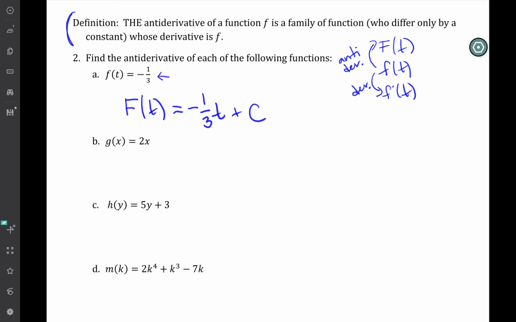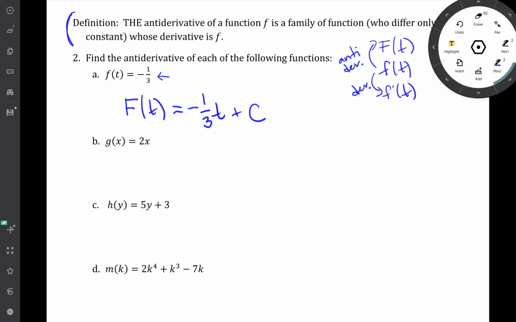And what's really important here is that this is going to involve some guess and check, and you shouldn't be discouraged by that. You should just start to think about what looks right, and the way that you always check yourself is by taking the derivative. So if I take big F prime, the derivative of negative 1/3 t is negative 1/3. The derivative of any constant is 0, so this is looking good.